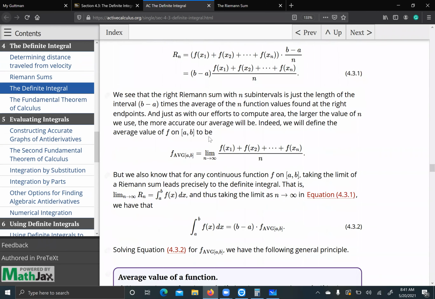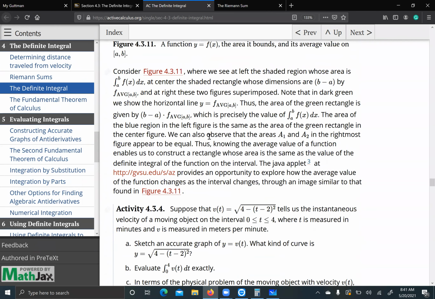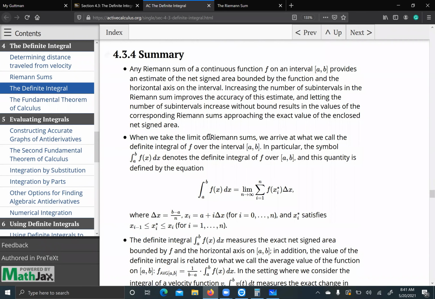So I think that's good for now. I think that would be enough for this section. The main takeaway from this video is that the definition of integral is nothing other than the Riemann sum.